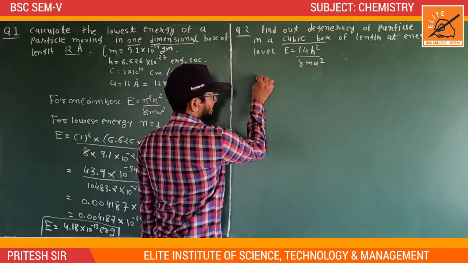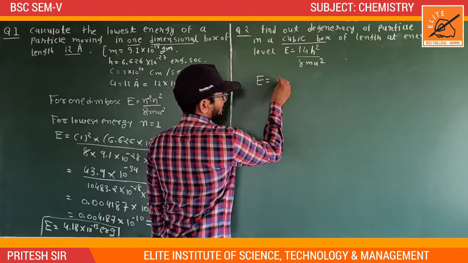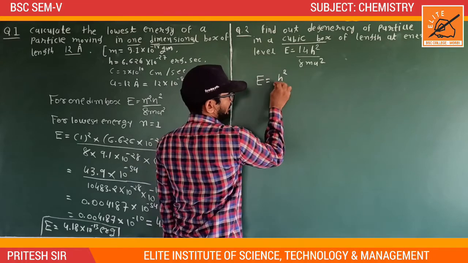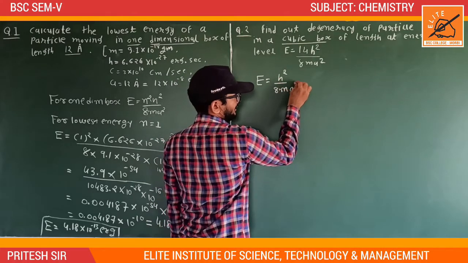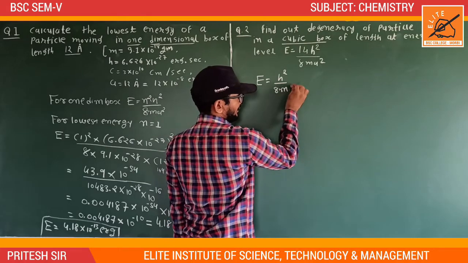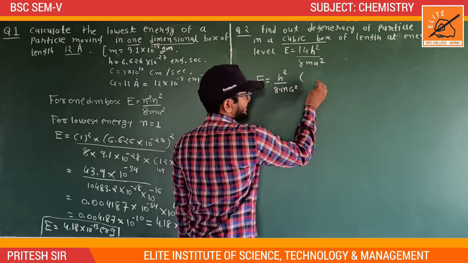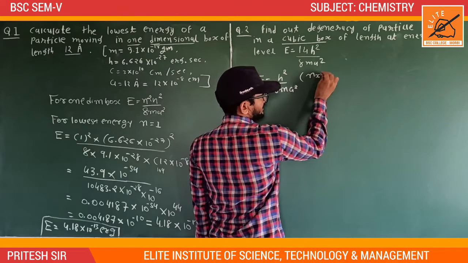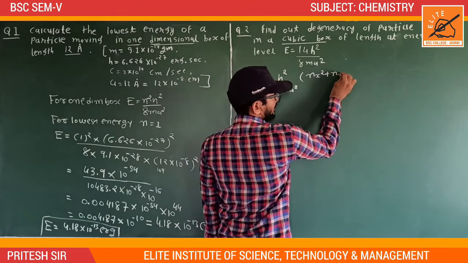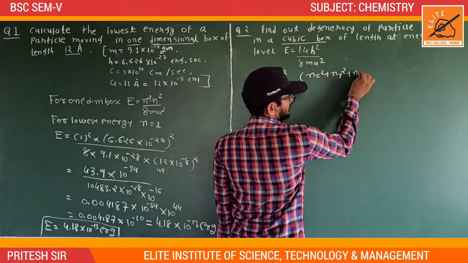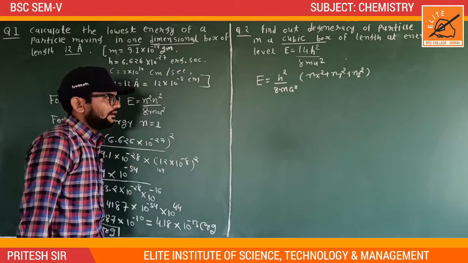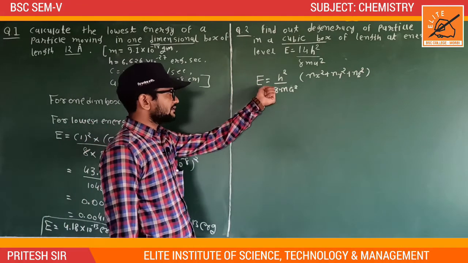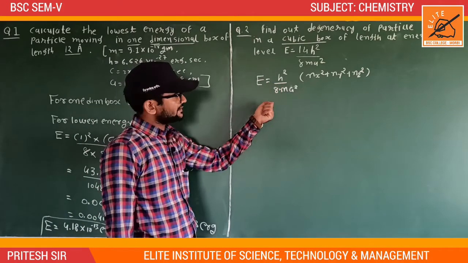E is equal to h square upon 8 m a square into bracket nx square plus ny square plus nz square. This is the energy equation for a particle in a cubic box.